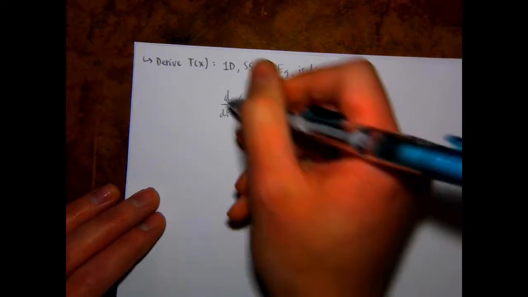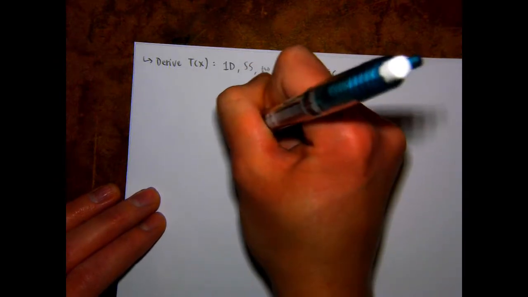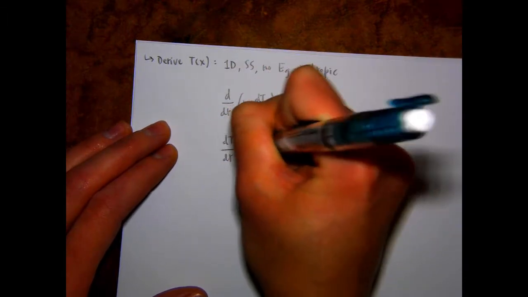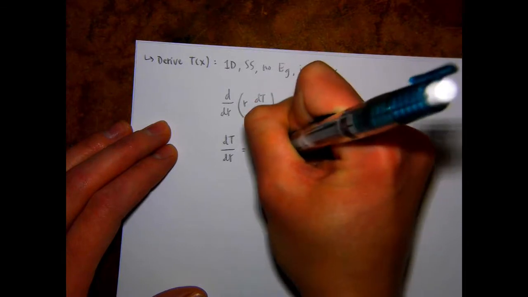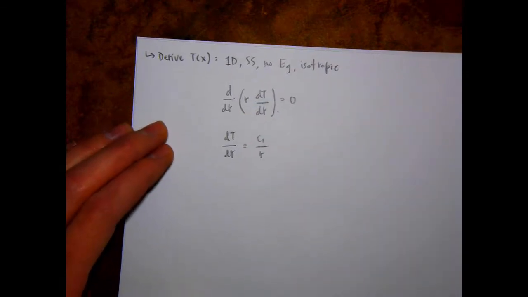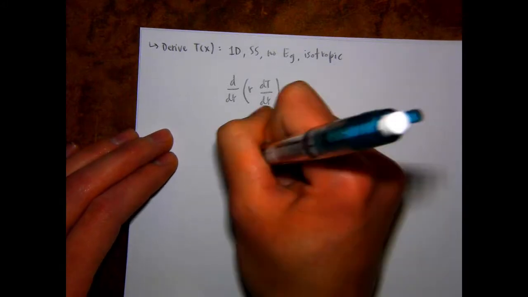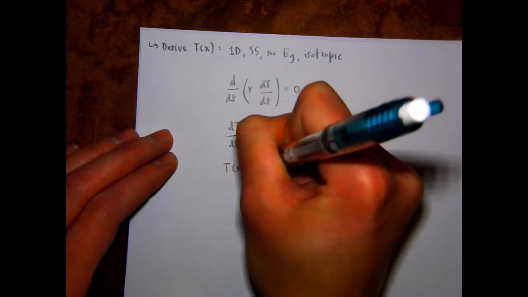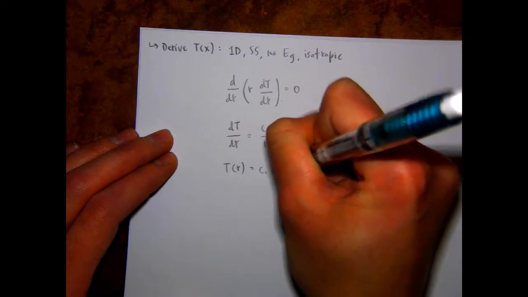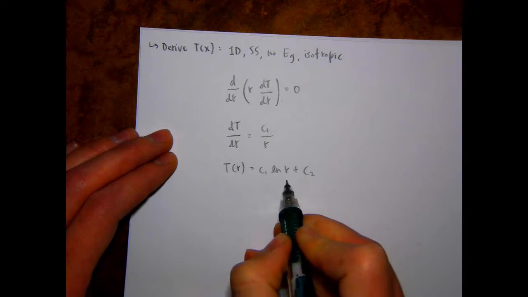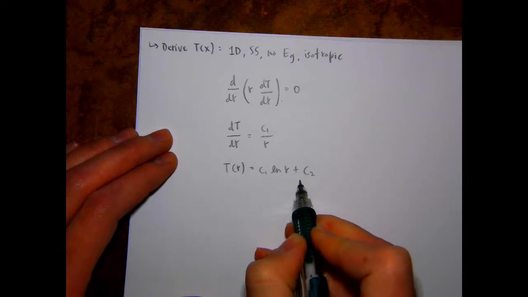And then if you integrate this once, and then divide the r through, and then integrate again, a natural log shows up. So C1 natural log of r plus C2. So that's what the temperature distribution looks like.